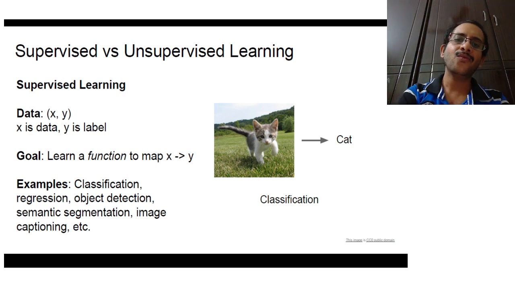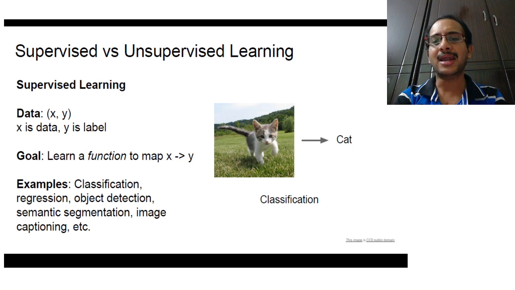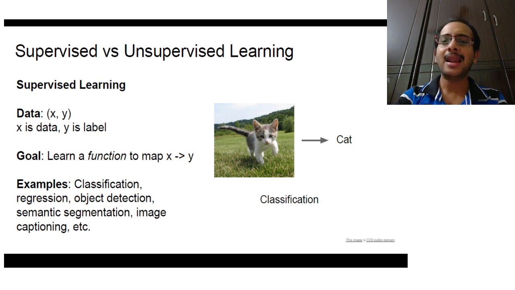These are all considered supervised learning methods, or supervised classification methods, because we give the image as well as its corresponding label to learn the mapping between the input data and the label. Essentially, what we are doing in these supervised learning methods is learning the mapping between the input data and the output label.